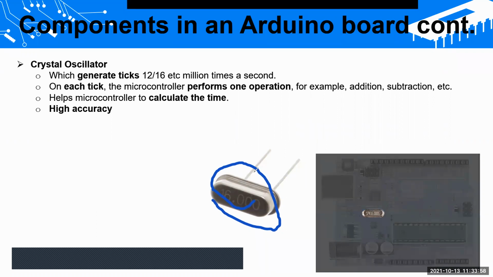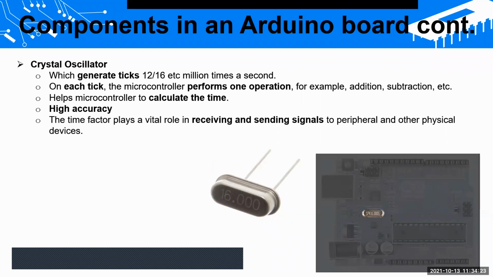That's why we are using crystal oscillators. There are also certain manufacturing levels, like high-end ones with higher clock rates. So normally we use a crystal oscillator to keep high accuracy on the timings. That is the purpose of the crystal oscillator.